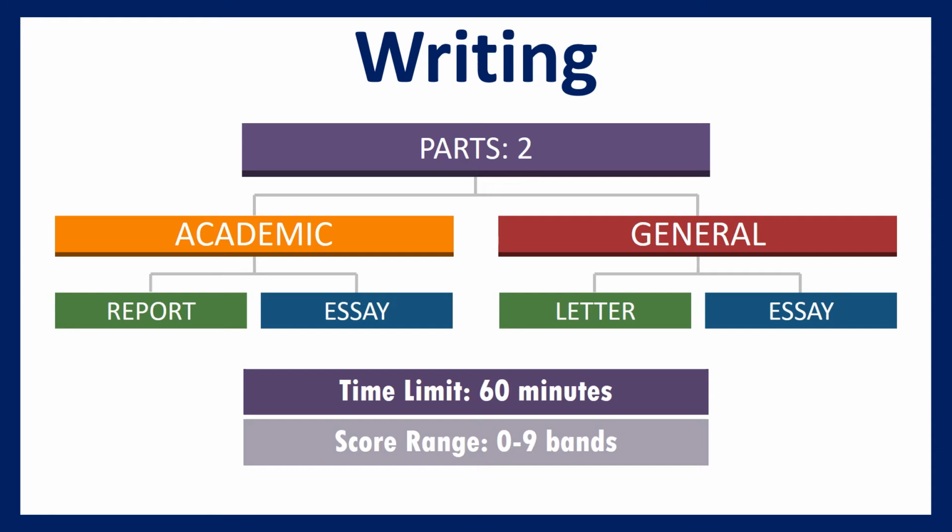Task 2 is the same for both academic and general, but task 1 is different. For academic, task 1 is a report, and for general training, it is letter writing. For both, the time limit is 60 minutes and the score ranges between 0 to 9 bands.